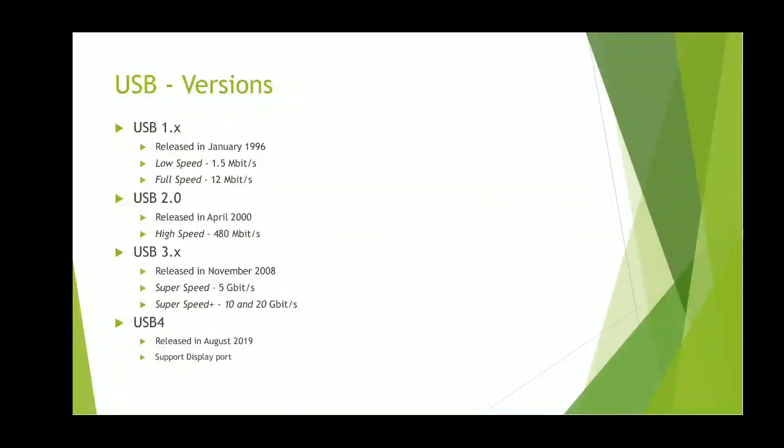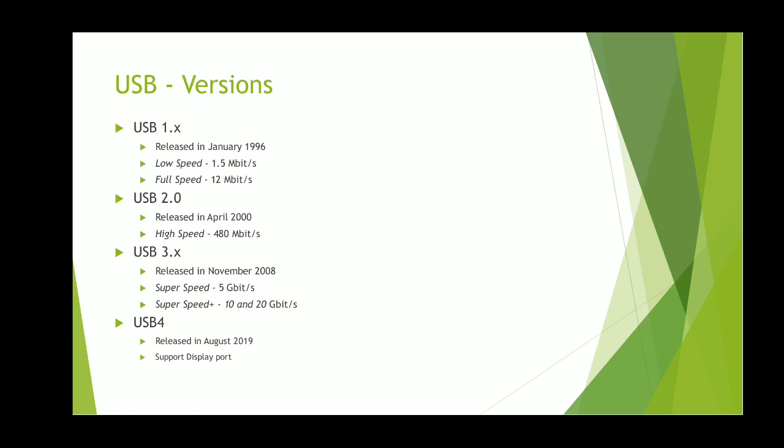After the initial release of USB 1.0 in 1996, the USB Implementers Forum released many other versions of USB. USB 1.0 supports speed up to 12 megabit per second in the full speed mode, and in the low speed mode it supports up to 1.5 megabit per second.